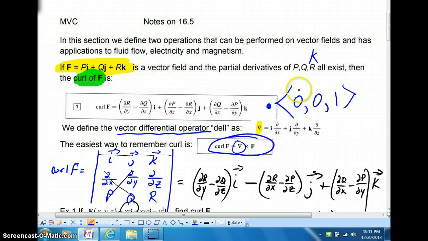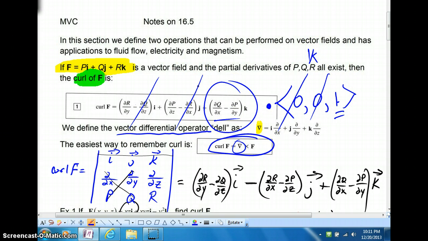Well, look, the i component in the curl would wipe out as it was multiplied by 0. Likewise with the j component, multiplied by 0 as well. But look at our last part of the dot product. 1 for the k, 1k, times the partial derivative of Q with respect to x minus the partial derivative of P with respect to y.